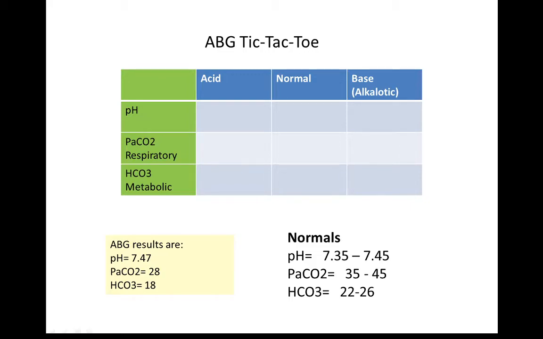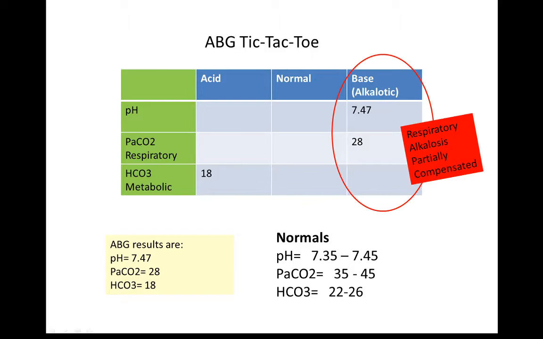And then lastly, the bicarbonate is 18. Normal bicarb is 22 to 26. 18 is low, so 18 actually goes under the acid column. It is relatively more acidic than it should be.